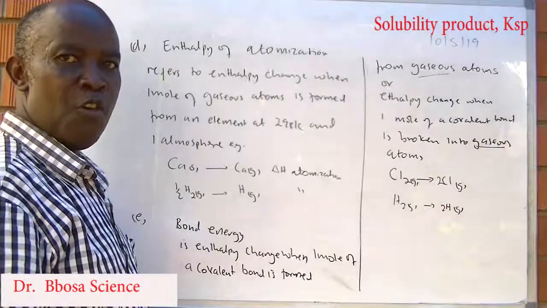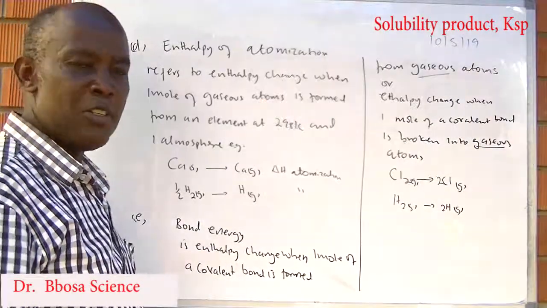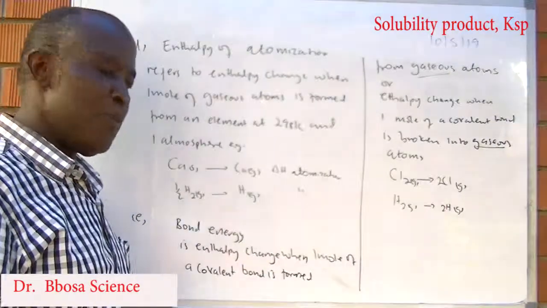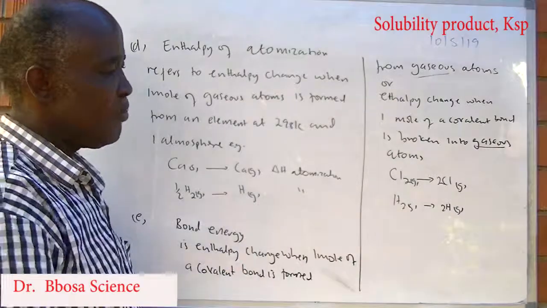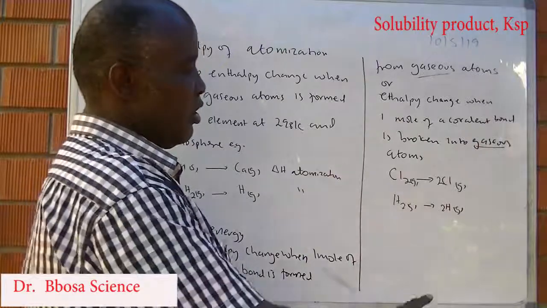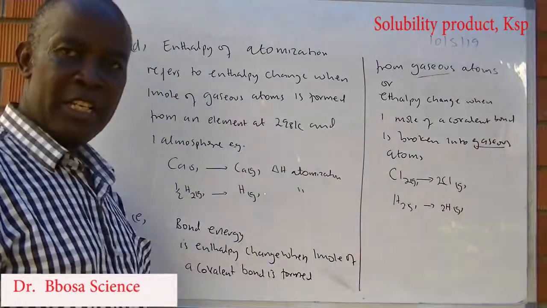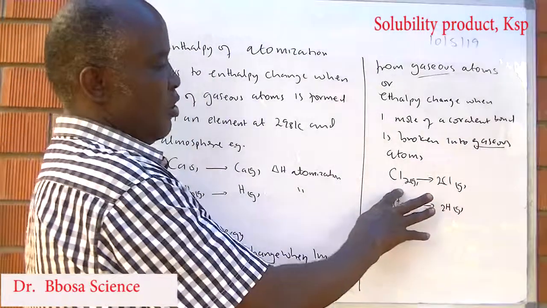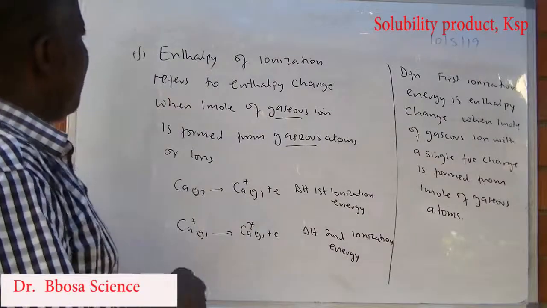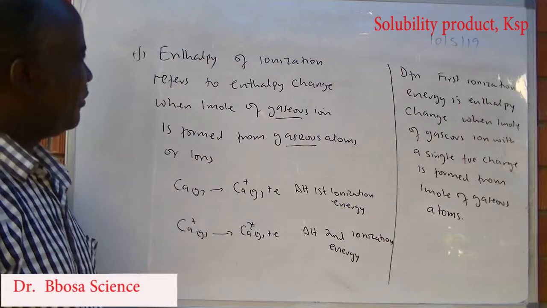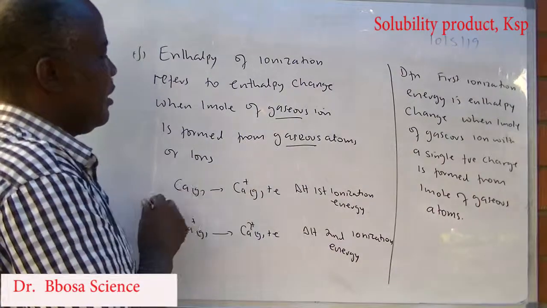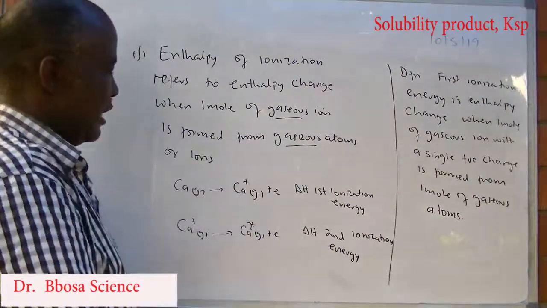So they will confuse you in the calculation, mentioning enthalpy of atomization of hydrogen, where you produce 1 mole of hydrogen atom, or bond dissociation of hydrogen, which will produce 2 moles of hydrogen atoms, or 2 moles of chlorine atoms. F, enthalpy of ionization, refers to the enthalpy change when 1 mole of gaseous ion is formed from gaseous atom or ions.